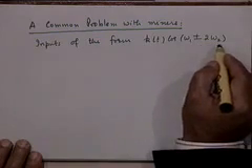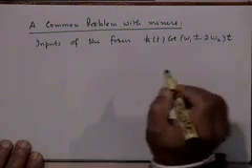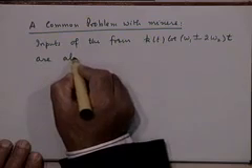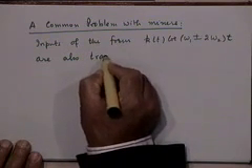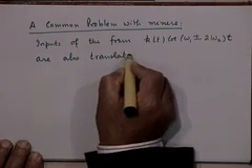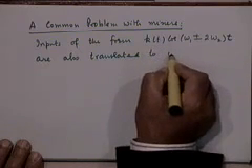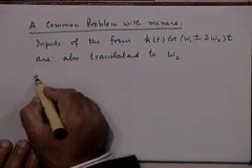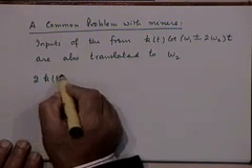So inputs of the form k(t) cos (omega 1 plus minus 2 omega 2) t are also translated to, can you complete the sentence? To a center frequency of omega 2. To see this, let's go through the trigonometry.